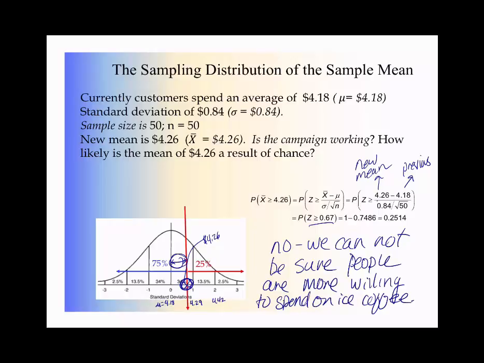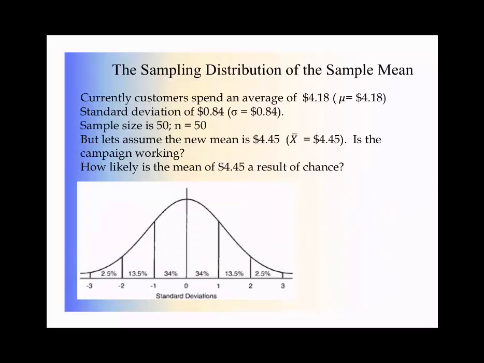Now, related to this is another problem that I made up that's exactly the same, except I changed the new mean of what people were willing to pay. So now, let's say we did another sample and we found that people were actually willing to pay $4.45 for a cup of iced coffee now, instead of $4.26 in the new study.